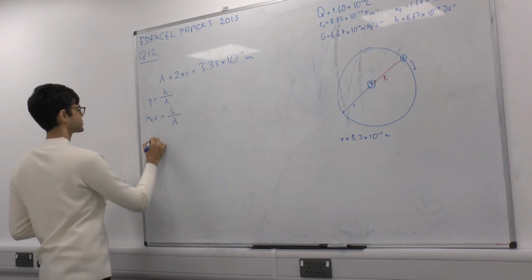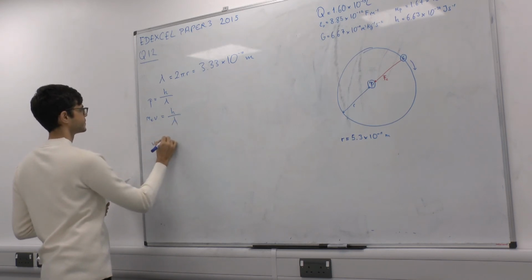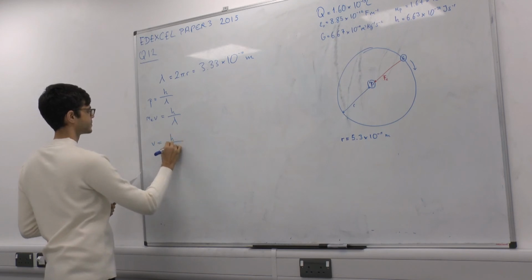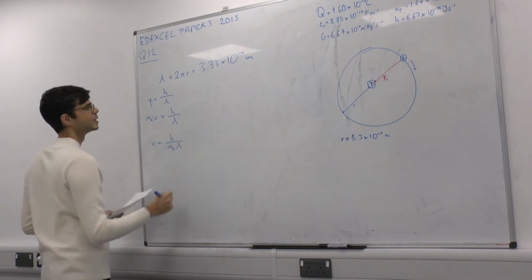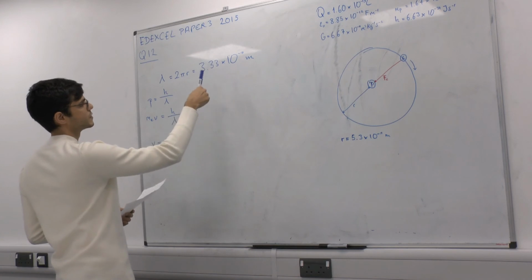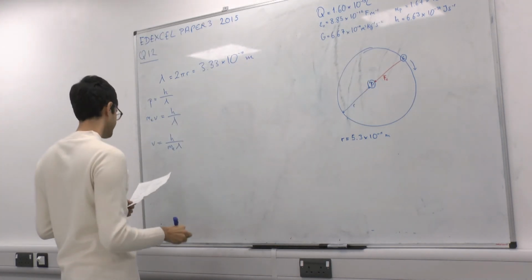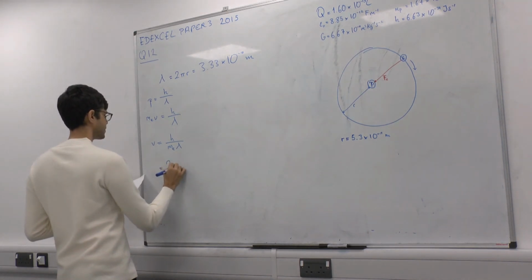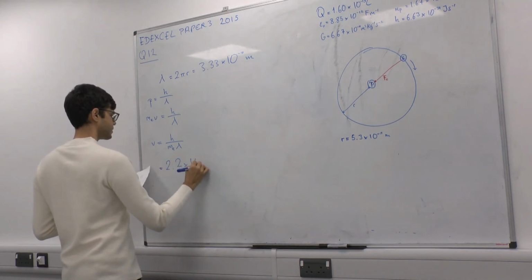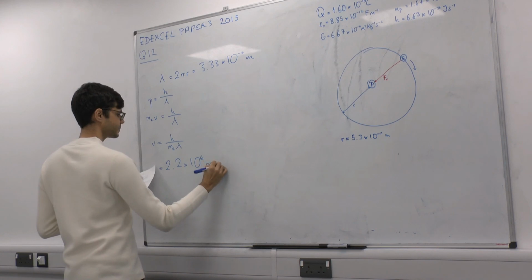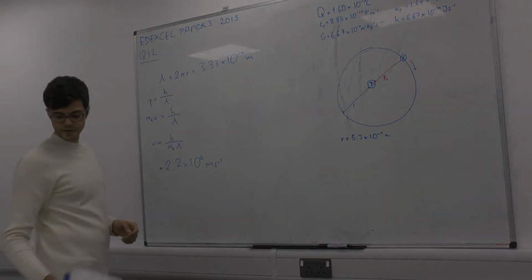We can rearrange for the velocity. And so using the value of the wavelength that we've just calculated, the mass of the electron and Planck's constant given there, we obtain a velocity of 2.2 times 10 to the 6 meters per second. And that's the question.